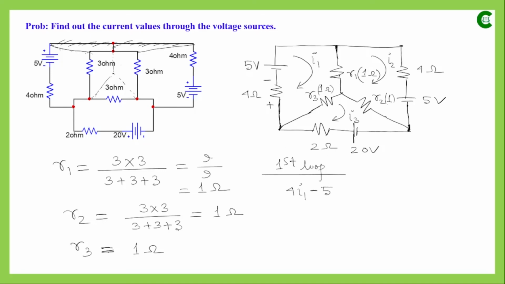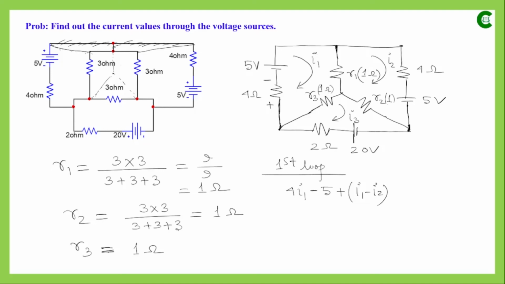Then through this R1 resistor, I1 and I2 both the currents are flowing, so the resultant current will be I1 minus I2. So it will be I1 minus I2 into this resistance value which is 1, and then again this voltage drop we have to consider across R3.